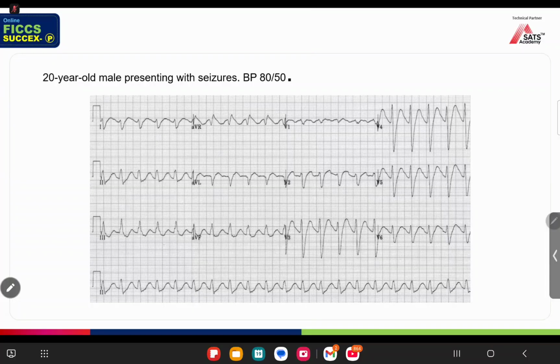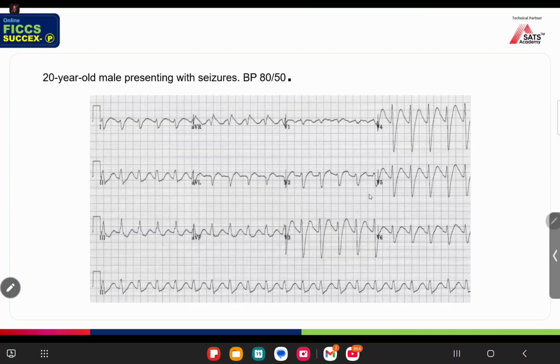No, ma'am. There is a reversal of AVR. So this R wave, is it commonly seen in AVR? Upright R wave? Is this dominant R wave in AVR commonly seen?